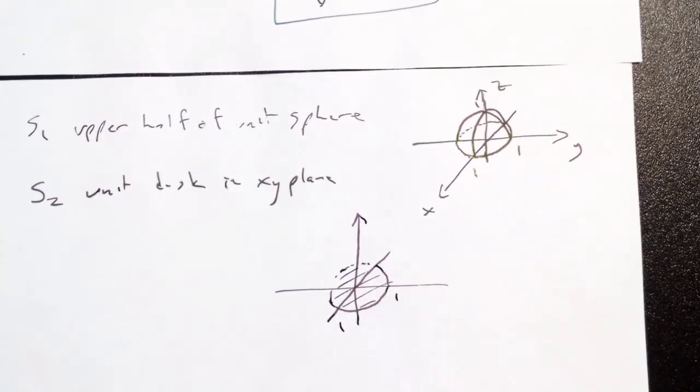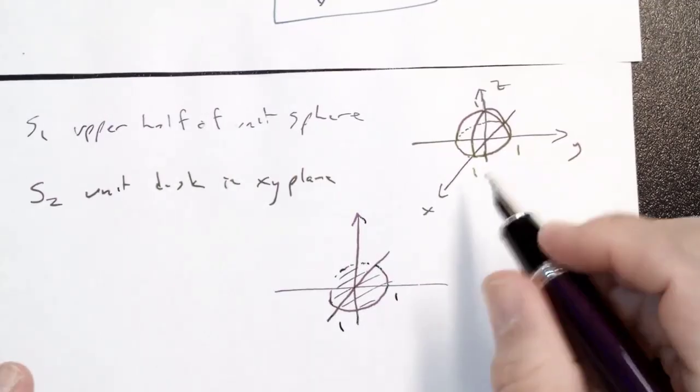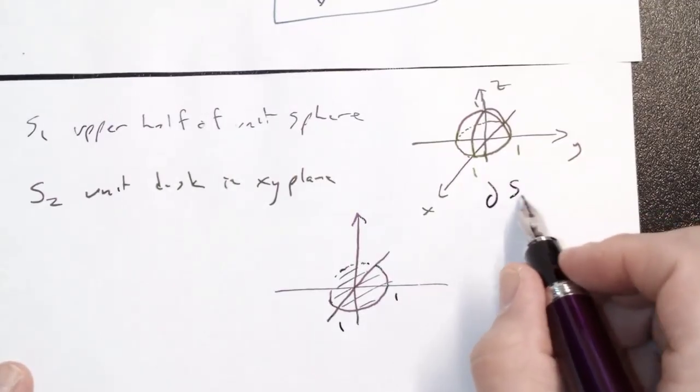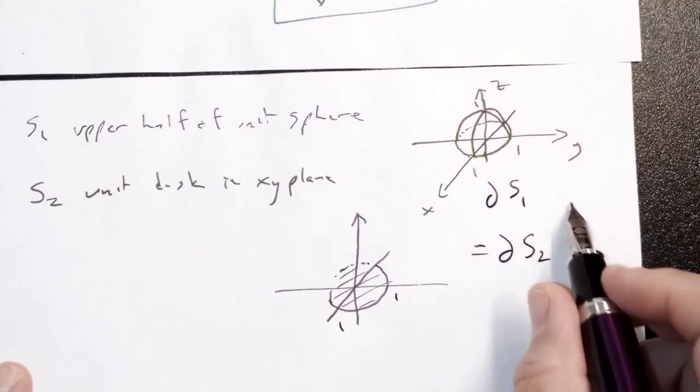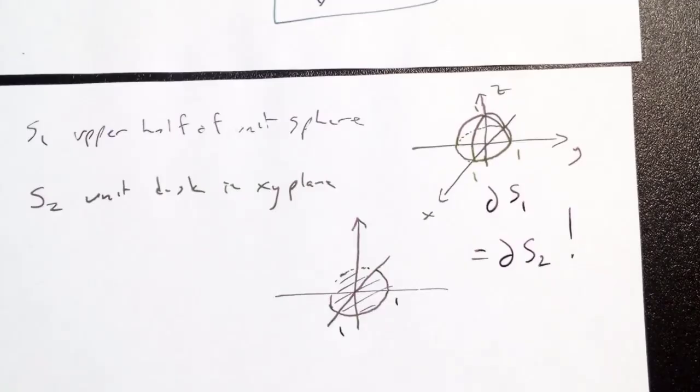Which means they have the same edge. The boundary of the first surface is the same as the boundary of the second surface.